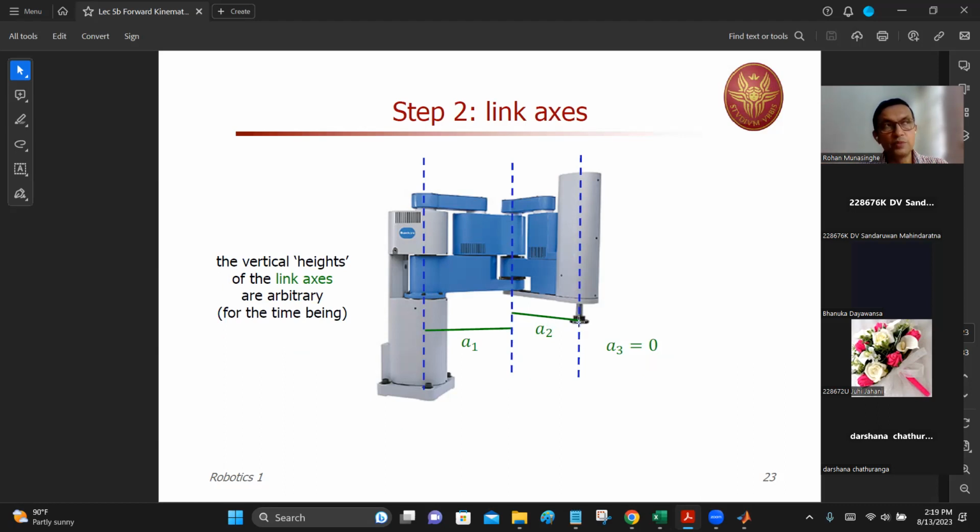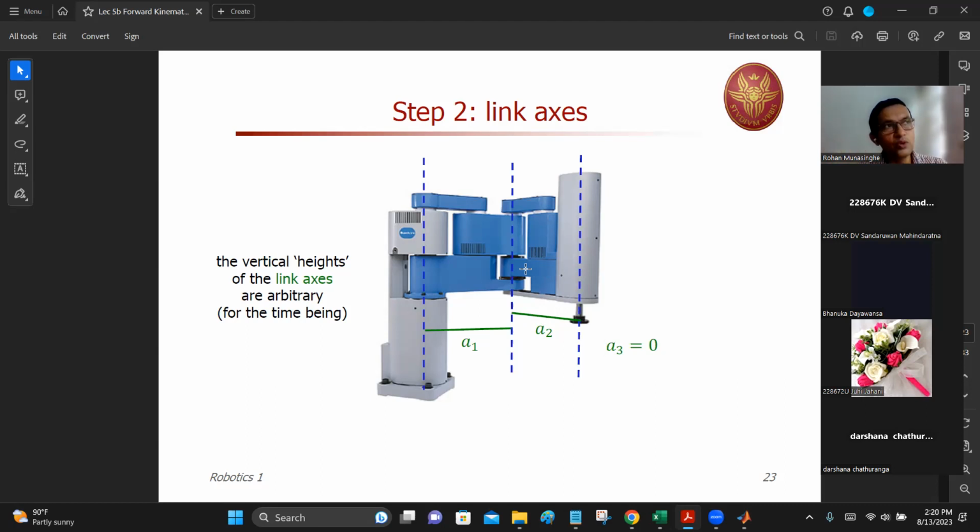After that, you come to the prismatic joint over here, and you figure out A3 equals 0 because of the distance from Z2 to Z3. In fact, Z1 to Z2 is physically along this direction. You can physically see the distance from here to here.